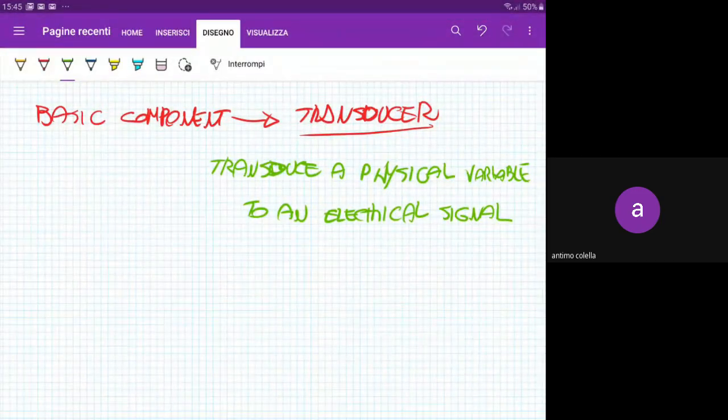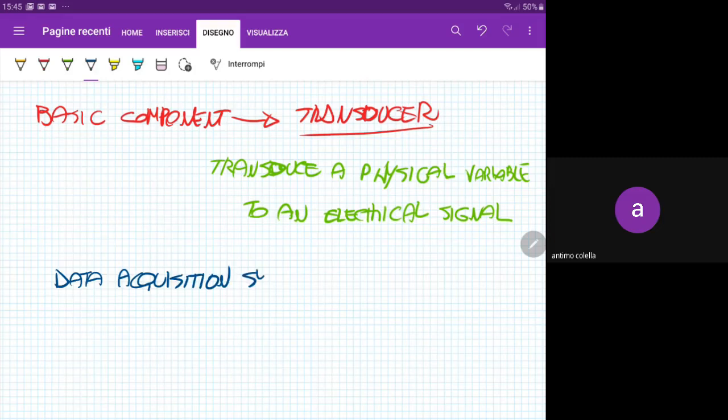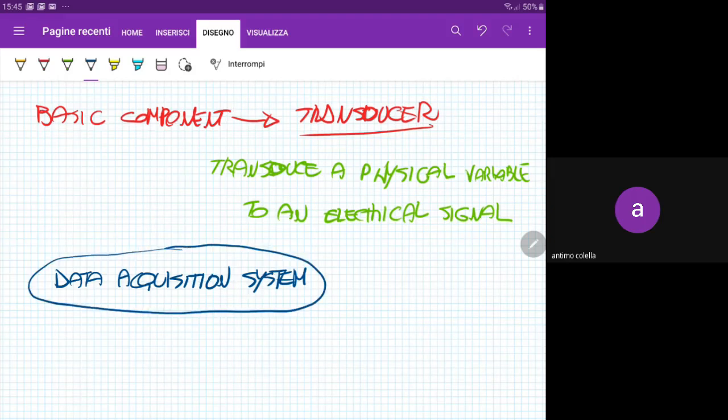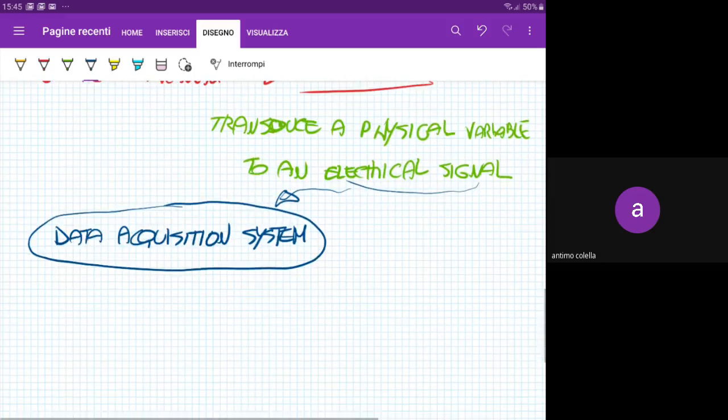Your data acquisition system is receiving that electrical signal and then performs some tasks that are very useful for our analysis.